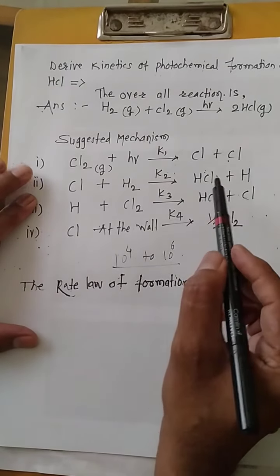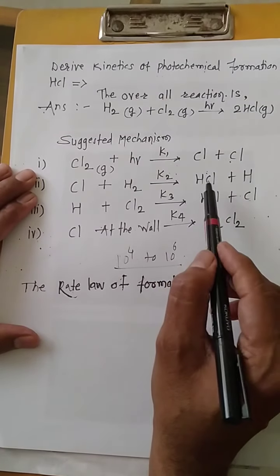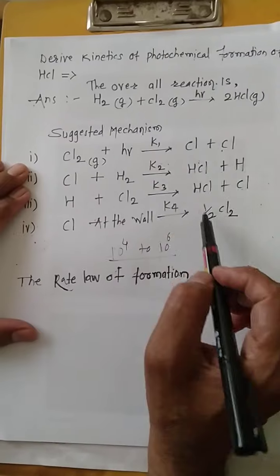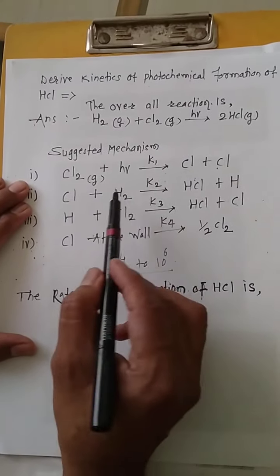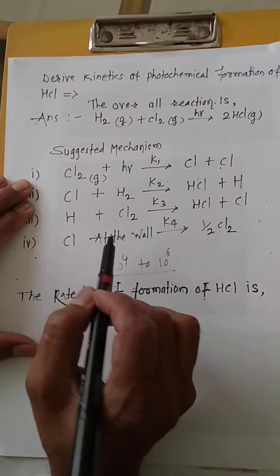Now when a species is present in the product, you have to write a plus sign, and when it is consumed, then you have to write minus.